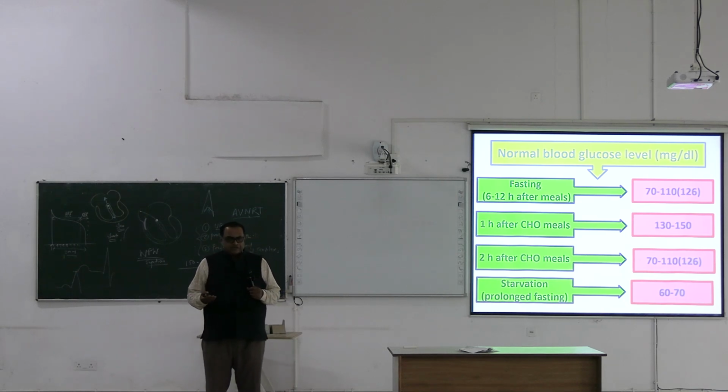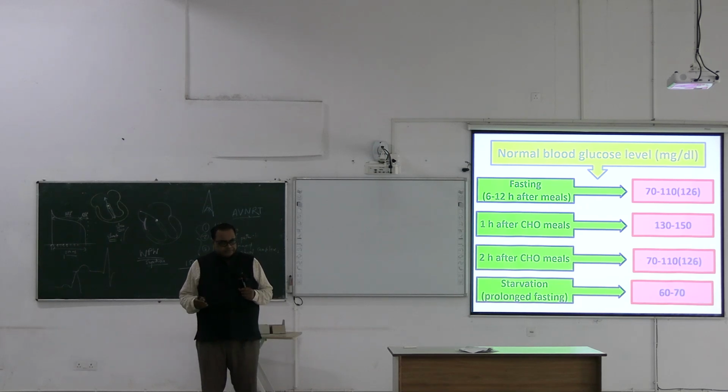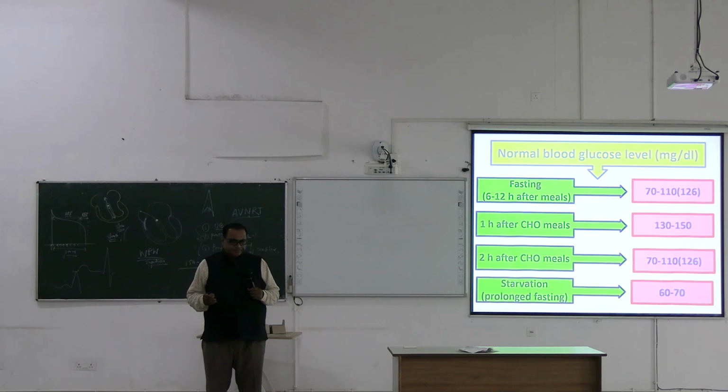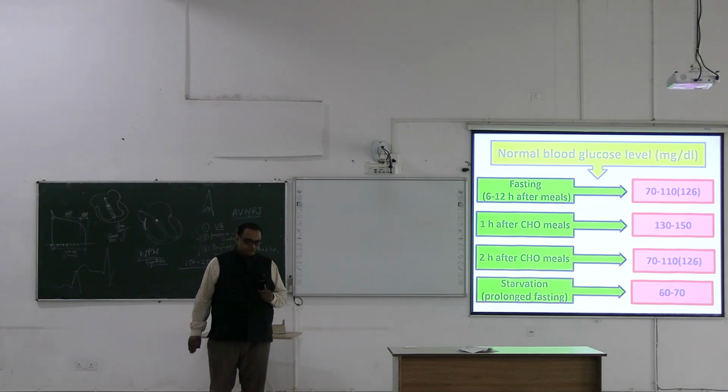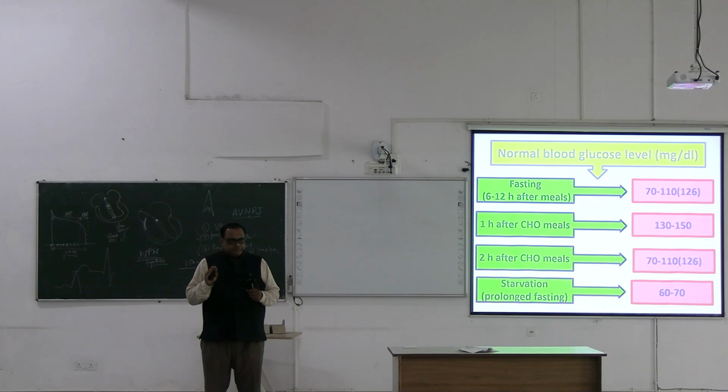So suppose it's asked to you, if you say 70 to 110 fasting blood glucose level, it is not incorrect. But at the same time, you must mention that according to recent guidelines of American Diabetes Association, the tolerance level for pre-diabetic patients has been brought below 100.